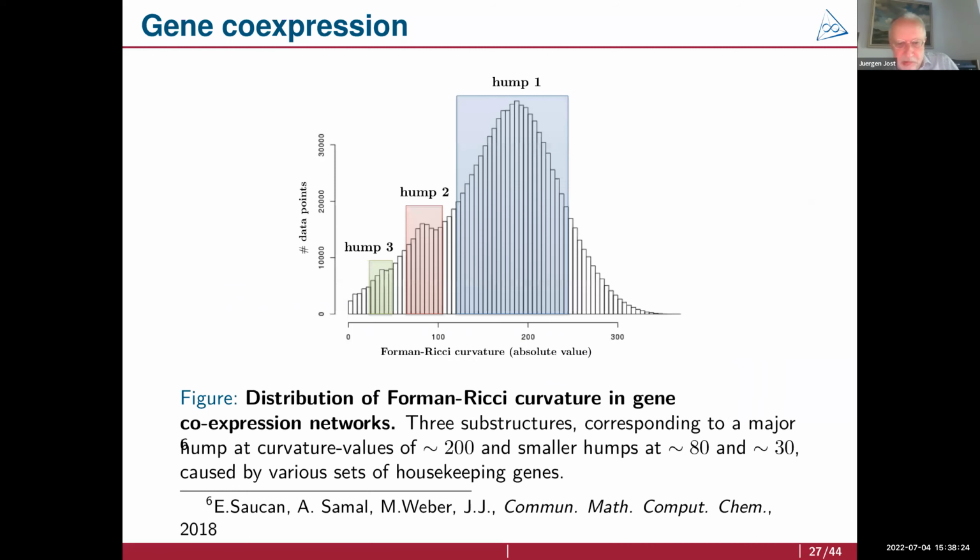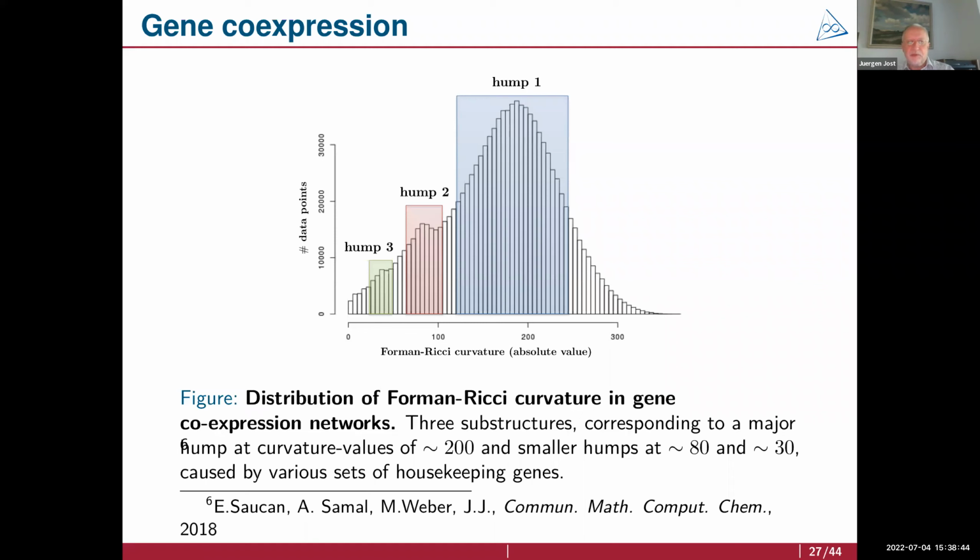And here's an example that we analyzed. We looked at particular gene co-expression networks. We looked at the distribution of the Ricci curvatures, and then we saw this particular pattern. And we see that there's three humps.